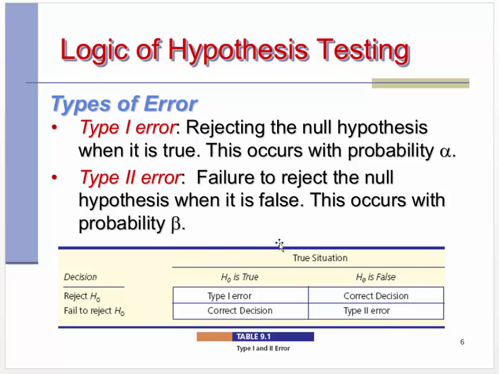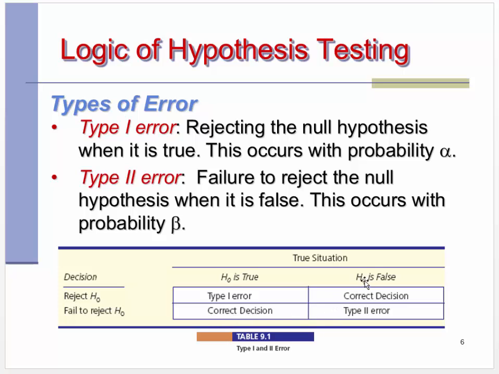In this table here, Table 9.1, it summarizes the two types of errors. Let's look at the true situation. The true situation could be H0 is true or H0 is false. If H0 is true and we reject the null, we're committing a type 1 error, as said. If H0 is true and we fail to reject the null, that's the correct decision.